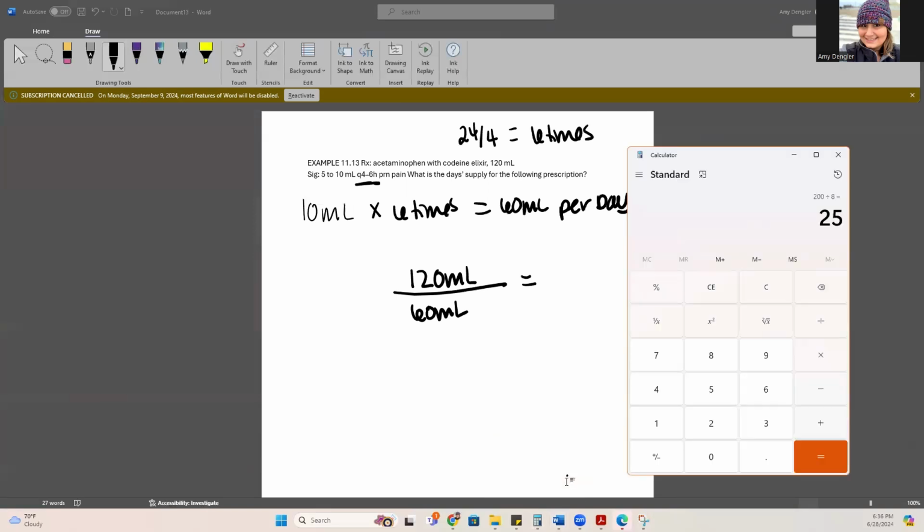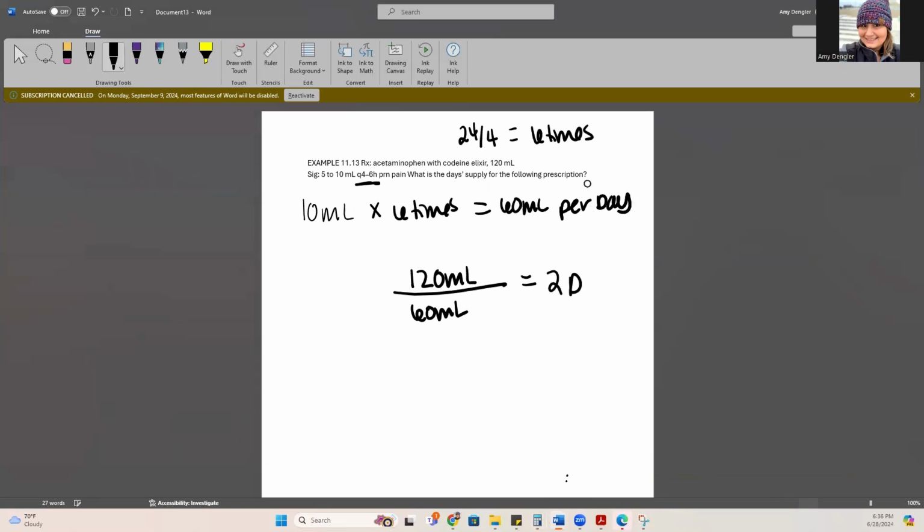We're going to do a little calculation. So 120 divided by 60, that means this is only going to last 2 days. And that's actually pretty normal for pain medication. We wouldn't usually see a very long day supply on it.